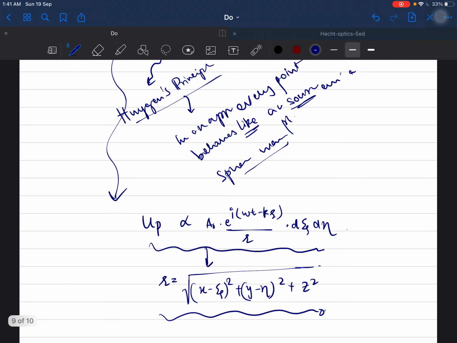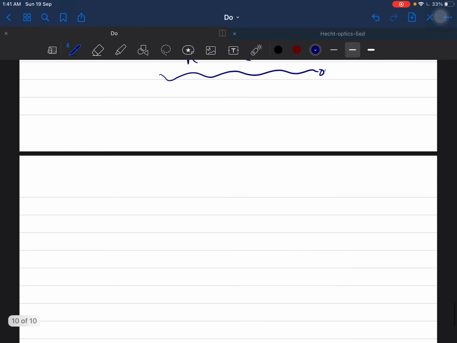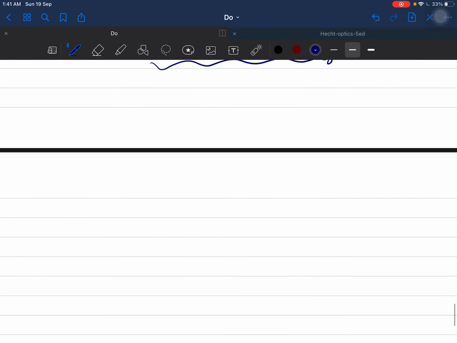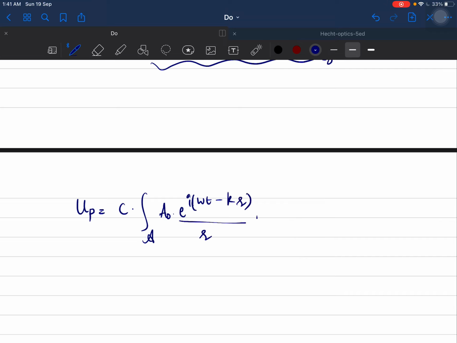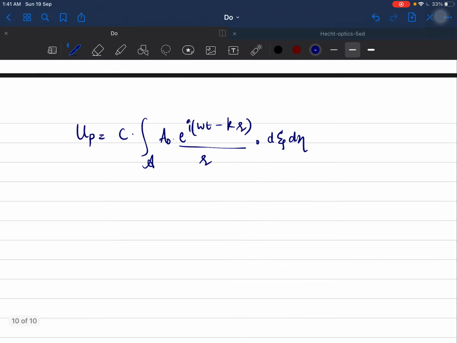We have this thing. Basically it is the integration of that. Mostly, U of P is C times the integral over the aperture of A naught times e^(i(omega t minus kr))/r into d xi d eta.